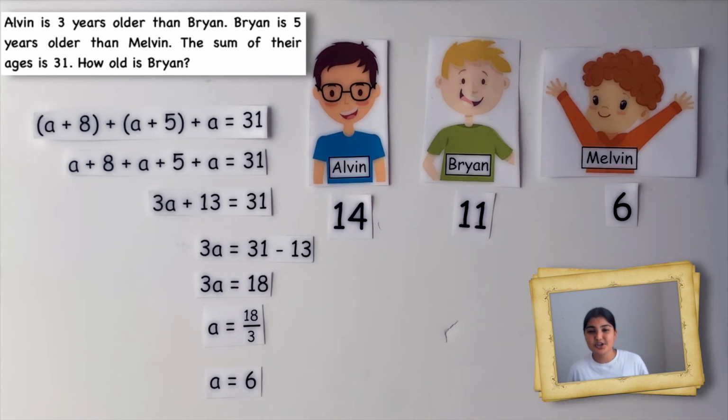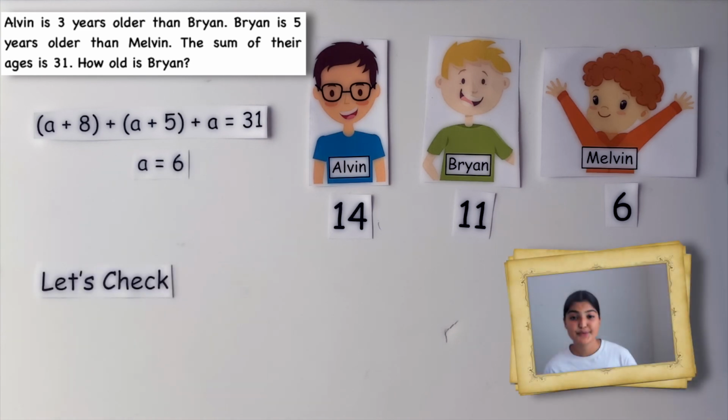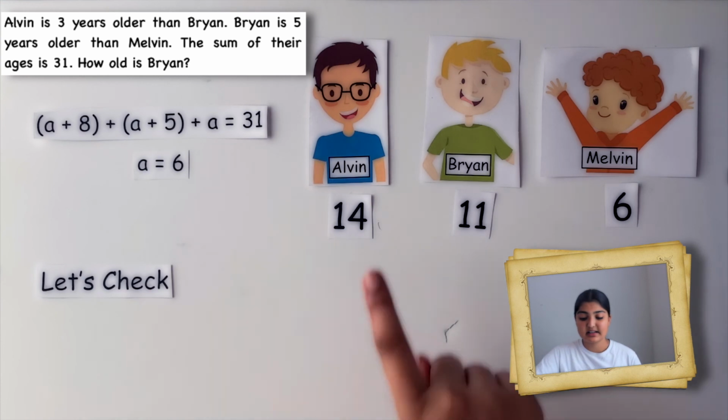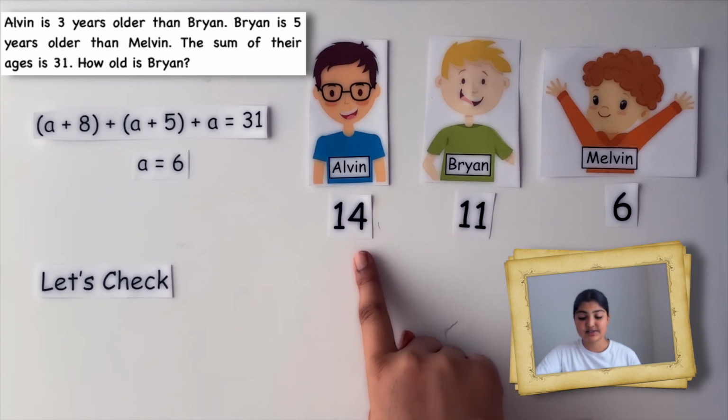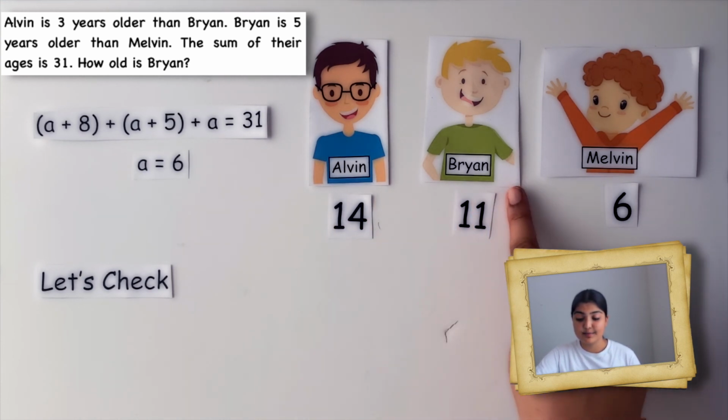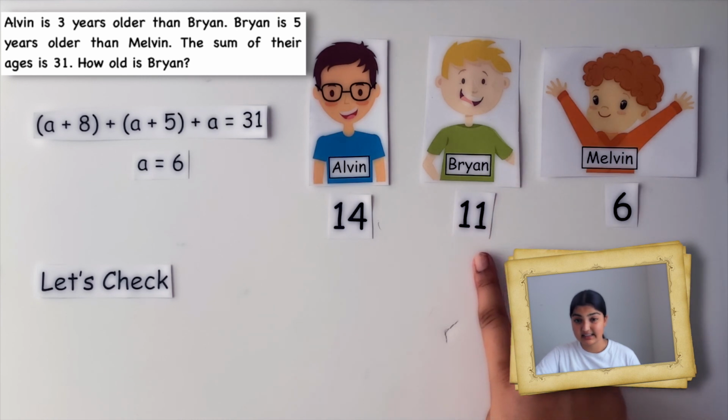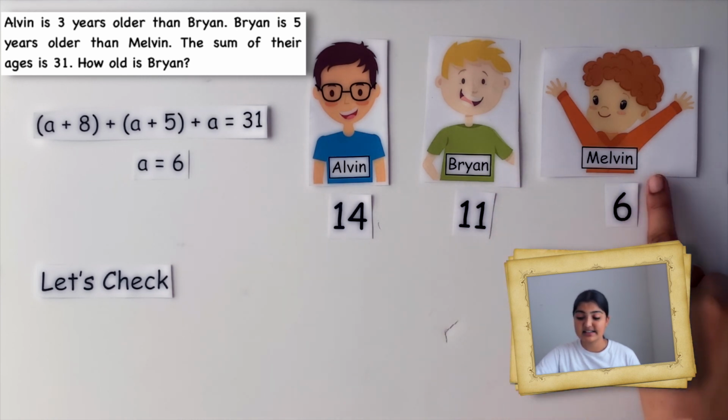But just to be sure, let's check our work. We found out Alvin is 14, Bryan is 11, and Melvin is 6.